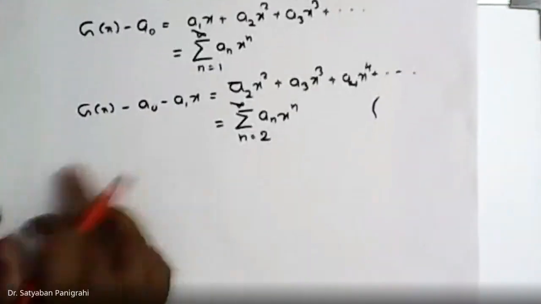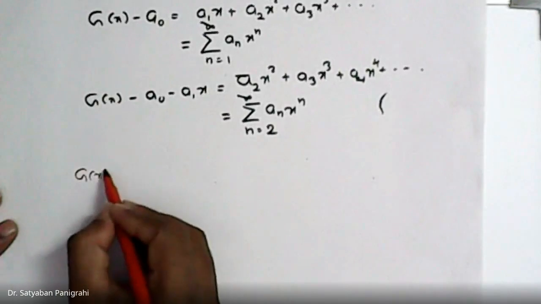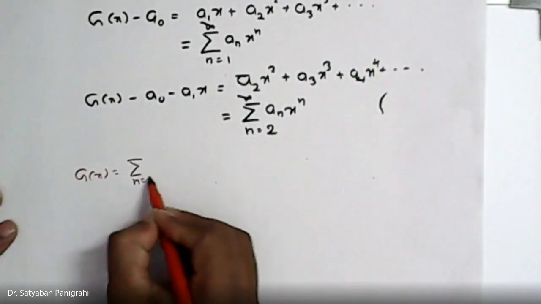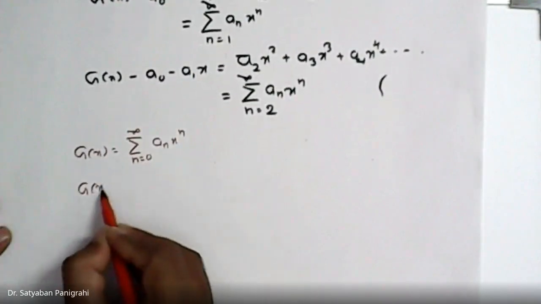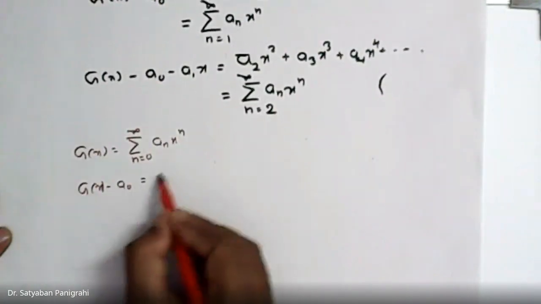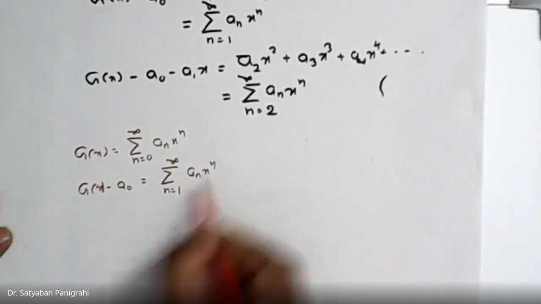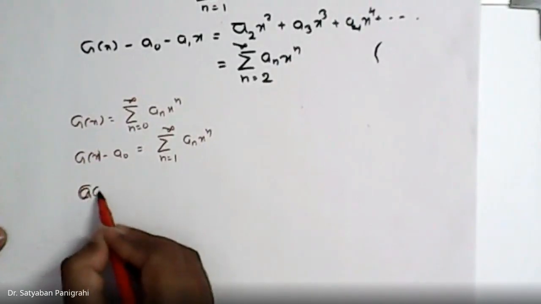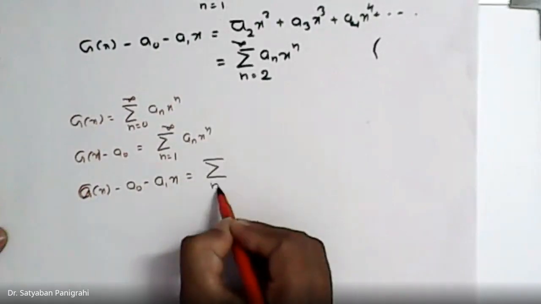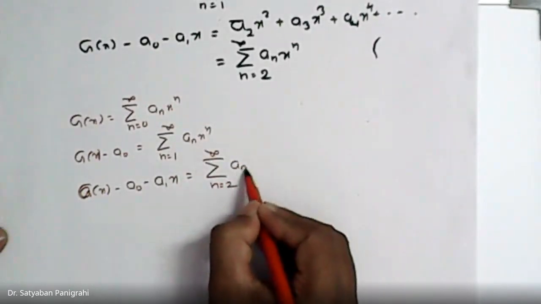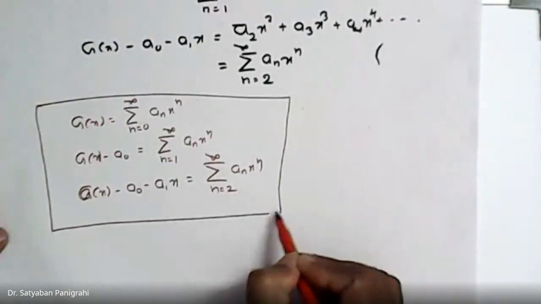Now, you note these three terms. g(x) equals summation n equal to 0 to infinity a_n x to the power n. g(x) minus a0 is summation n equal to 1 to infinity a_n x to the power n, and we got g(x) minus a0 minus a1x as summation n equal to 2 to infinity a_n x to the power n. And in a similar way we can represent other terms.